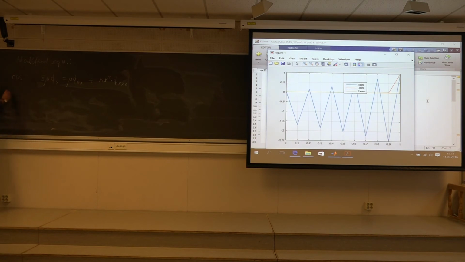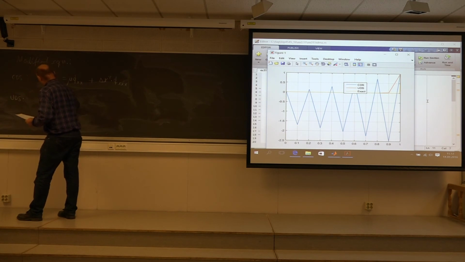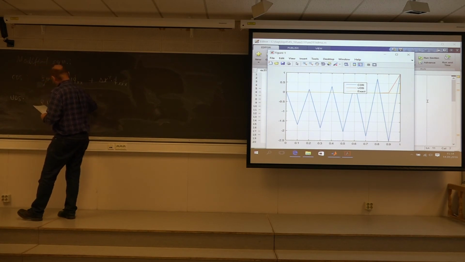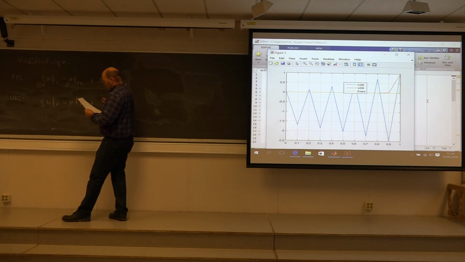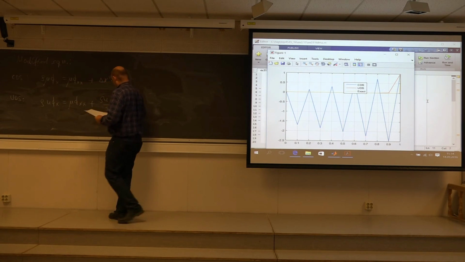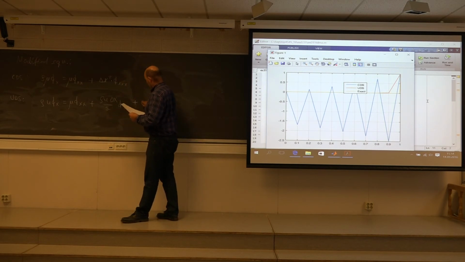For the upwind scheme, UDS, that one looks a little bit different. It looks something like this: phi xx, and here you have a term rho u delta x half phi xx, and then second order terms as well.